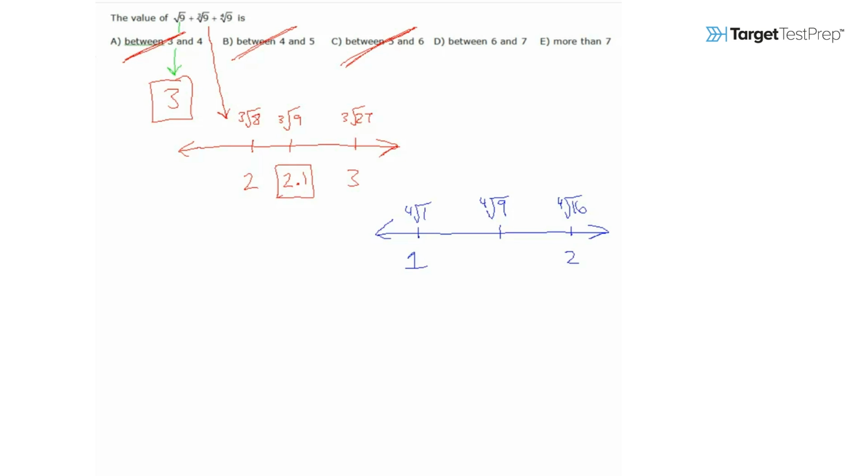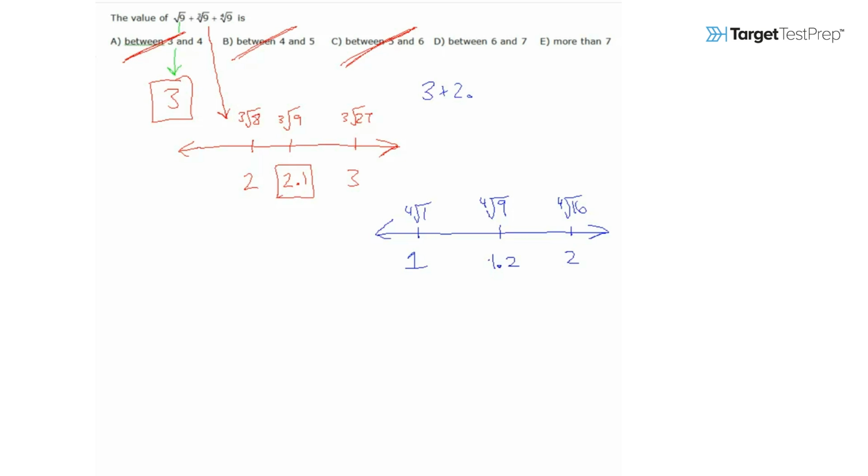You'll notice that 9 is pretty much in the middle of 16 and 1. It's slightly closer to 16. So we'll say it's a little bit bigger. We'll say it's about 1.2 here because that's going to make it a little closer to 2 than it is to 1. So now we add these up.